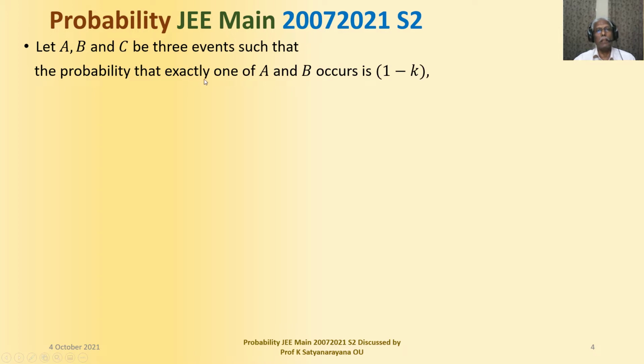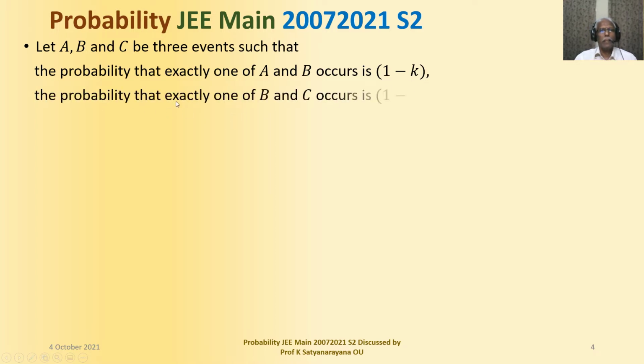The problem is: let A, B, and C be three events such that the probability that exactly one of A and B occurs is 1 minus k. The probability that exactly one of B and C occurs is 1 minus 2k.